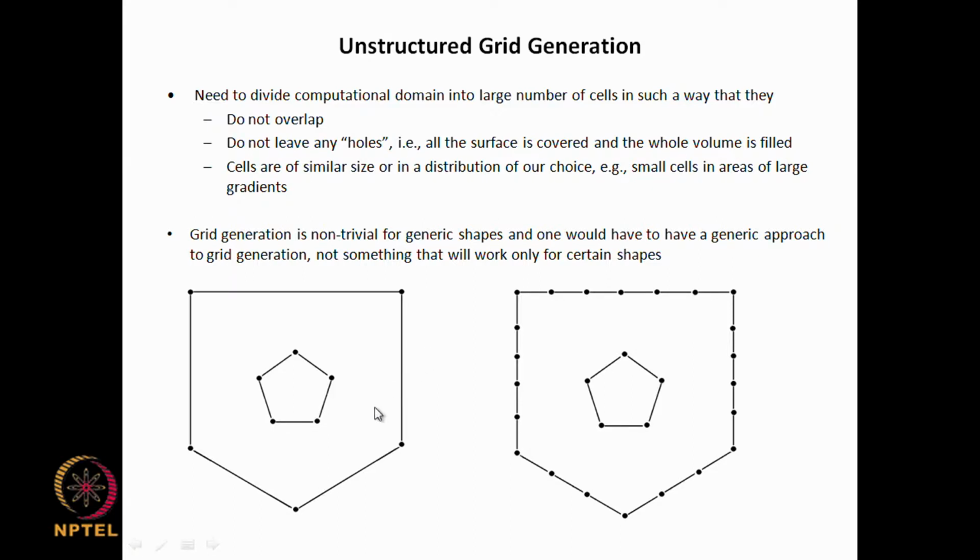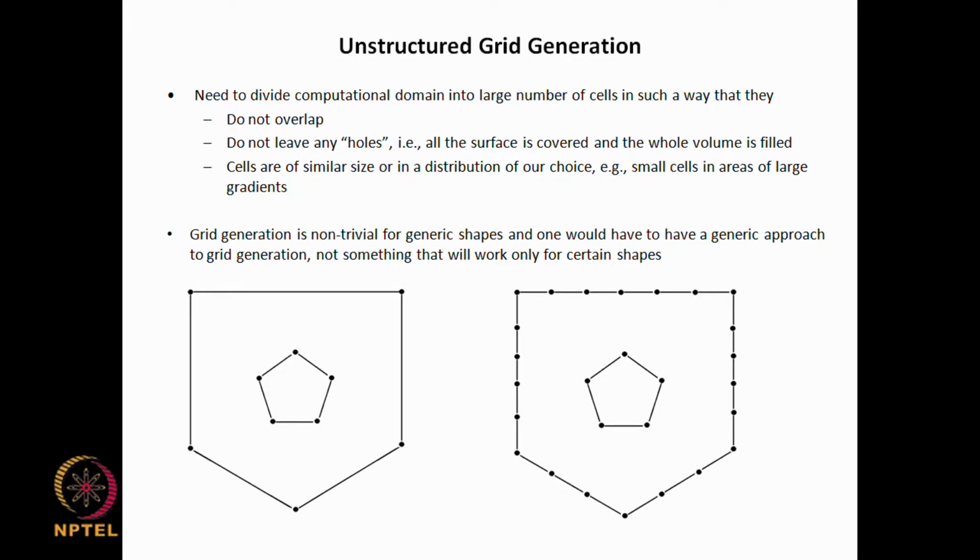So, this looks very regular to me, but it is in a way non-trivial, and obviously these surfaces cannot be represented in simple Cartesian meshes. And so, if you want to generate a grid for this, it is a 2D shape, and we break it up into a small number of triangular cells, which when everything is put together will make up the entire shape without leaving any holes.